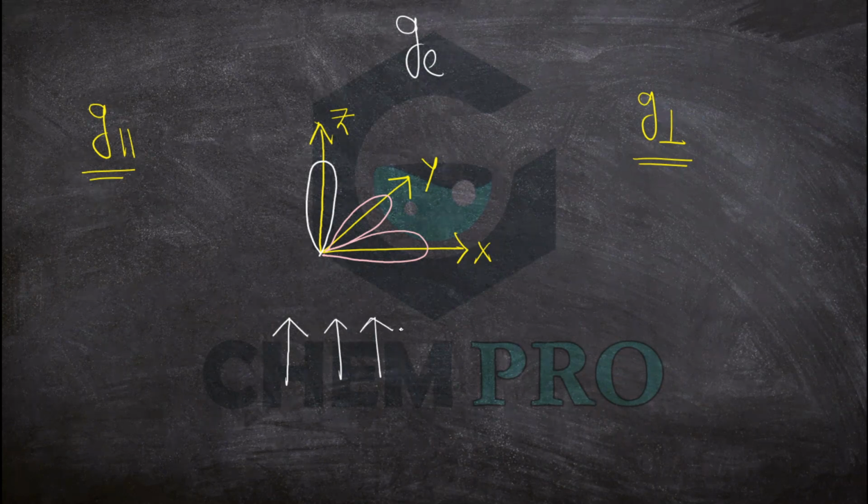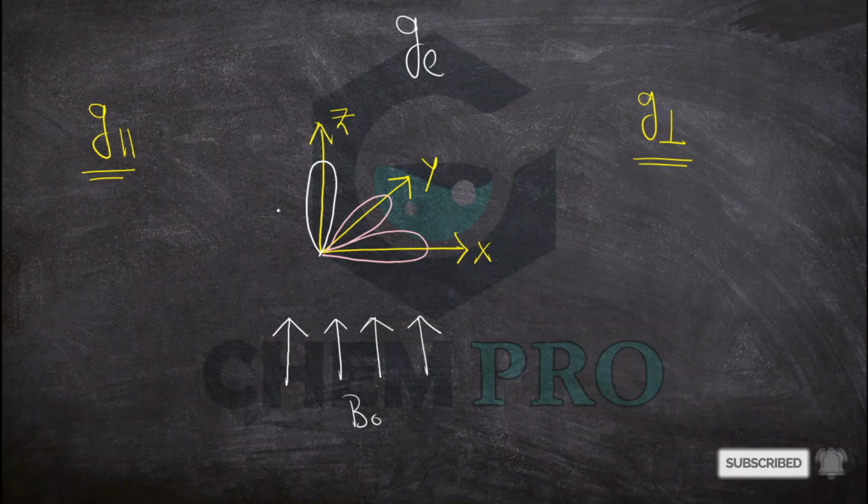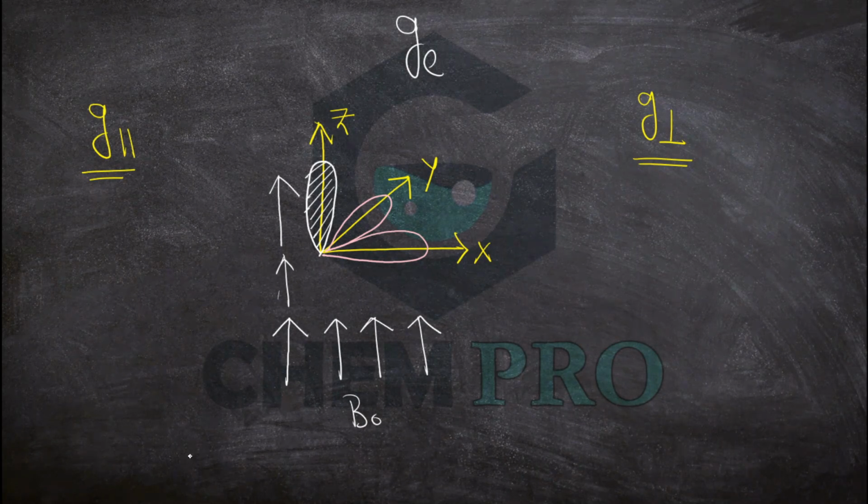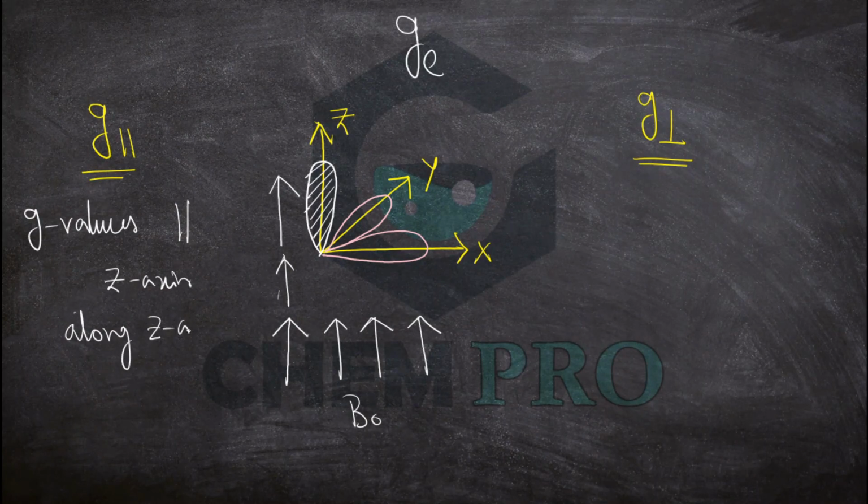Okay, this is the external magnetic field B0. Okay, so here we can see that this orbital along z axis is just parallel to the external magnetic field. So we can say the G parallel is nothing but the G values along the z axis.